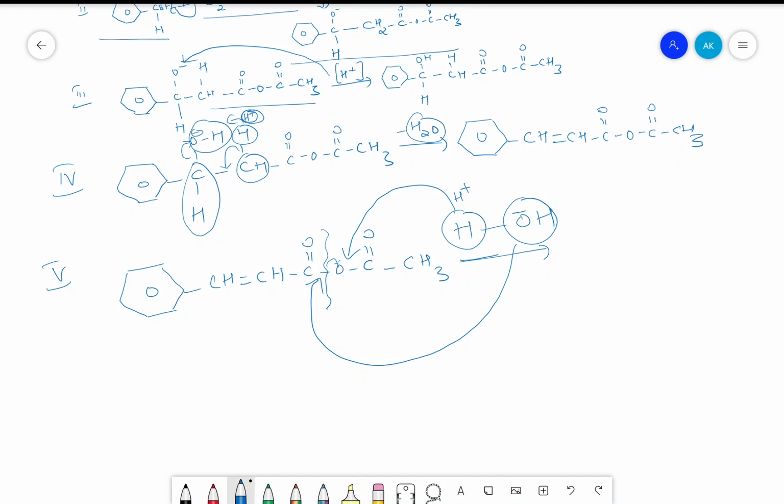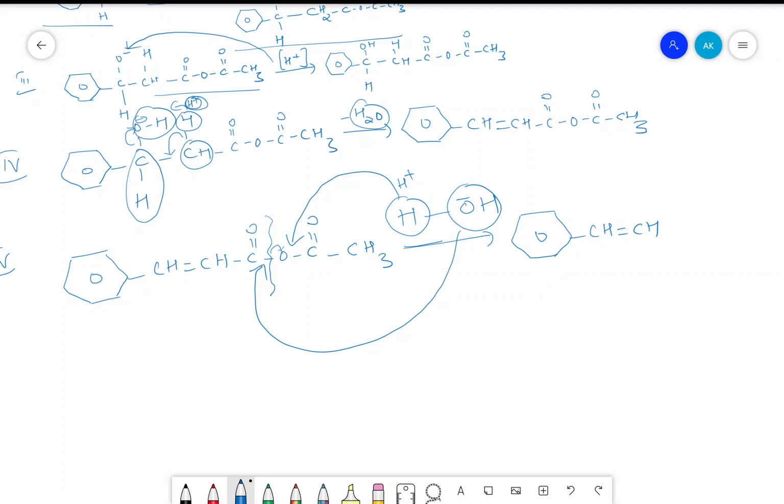This results in the formation of the benzene ring as it is. We had CH double bond CH and C double bond O. Now because this is broken here and the OH part comes to this particular position, we are going to get OH here.